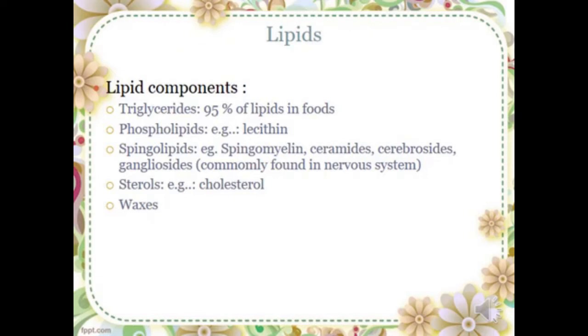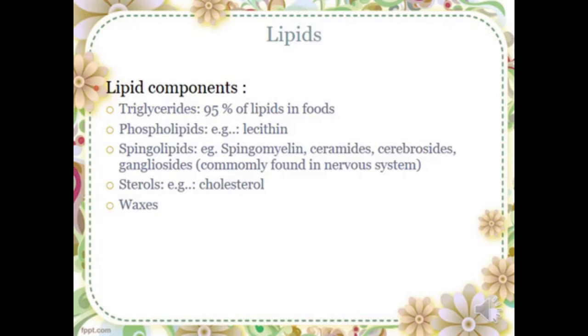Next we move on to lipids. The components of lipids: the majority is contributed by triglycerides, which is 95%. The second component of lipid is phospholipid, for example lecithin, which is found in soya.